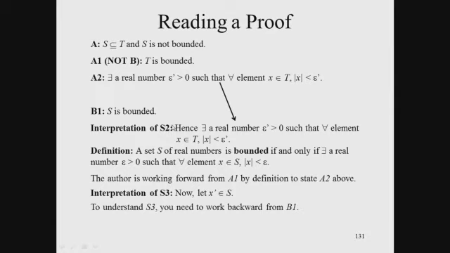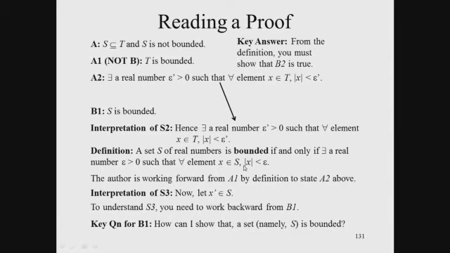That's a good key question. How can you show a set is bounded? By definition, you have to show that there is a real number epsilon greater than 0 such that for every element x in S, absolute value of x is less than epsilon. So this becomes the new backward statement that the author has to show. So we're going to work forward from A2 and backward from B2.